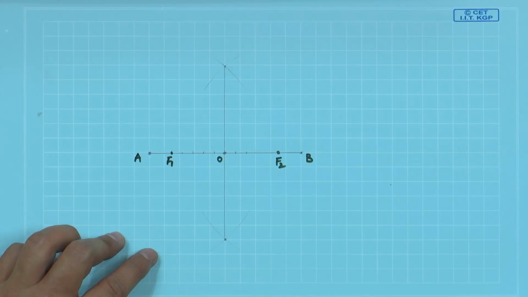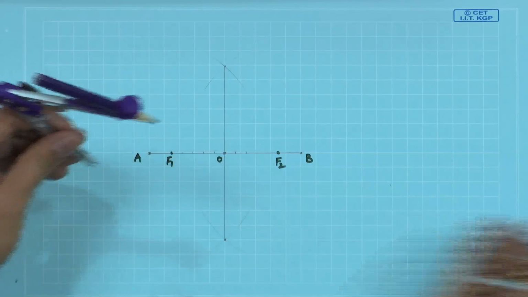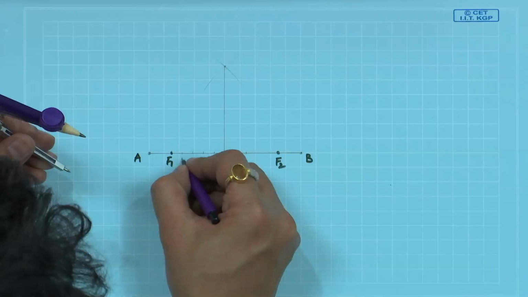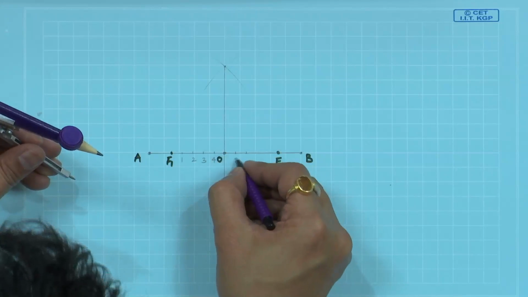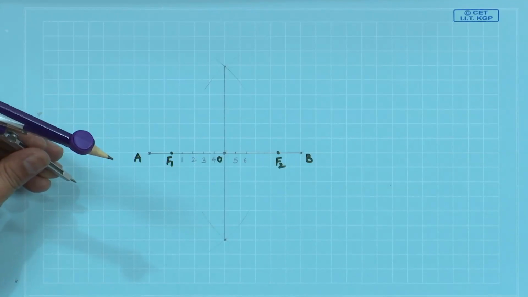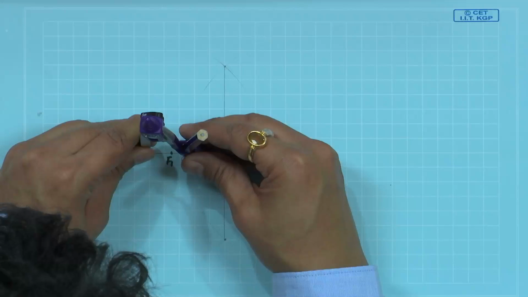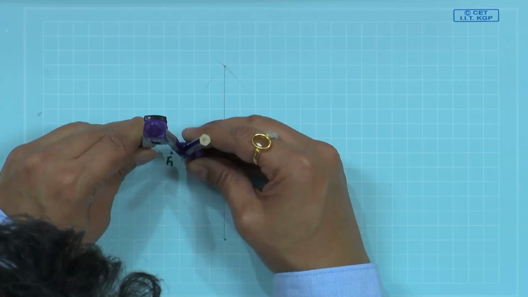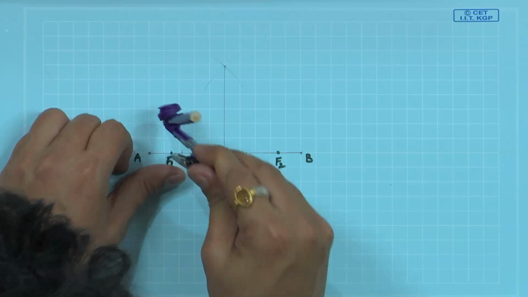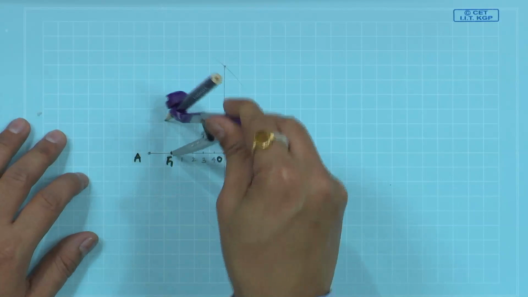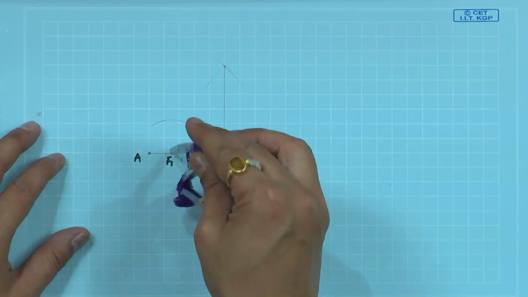Once this division is done, we have to measure distance A to 1. Let us name them as 1, 2, 3, 4, 5, 6 and so on. A to 1, whatever the distance, use your compass, use F1 as center, and mark an arc on both sides.